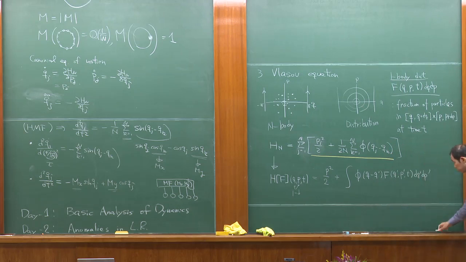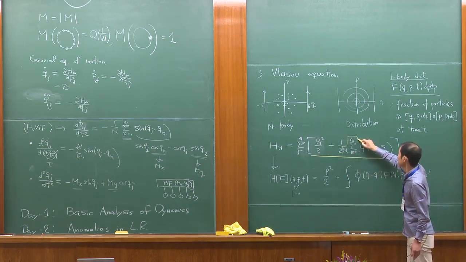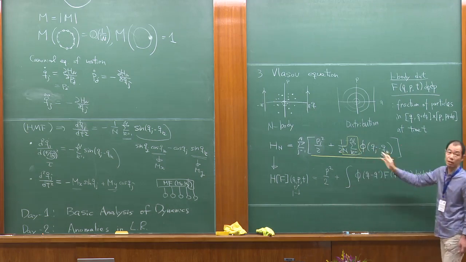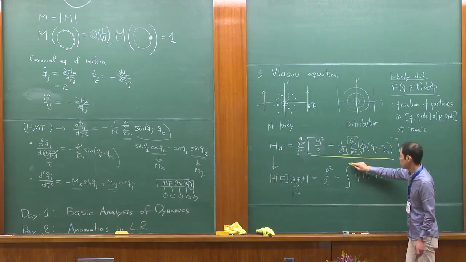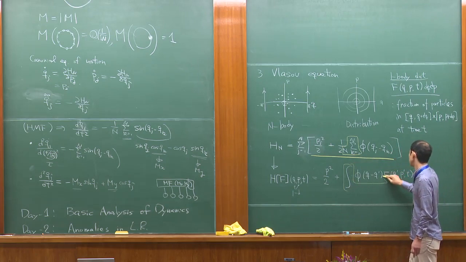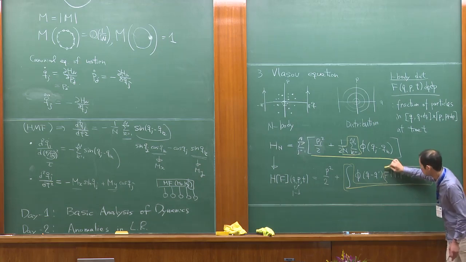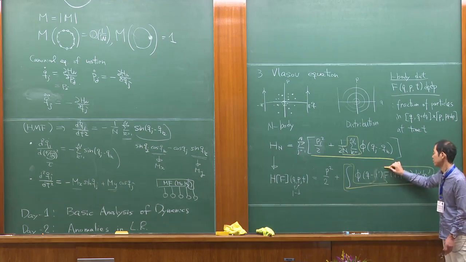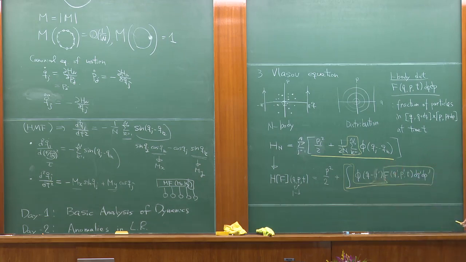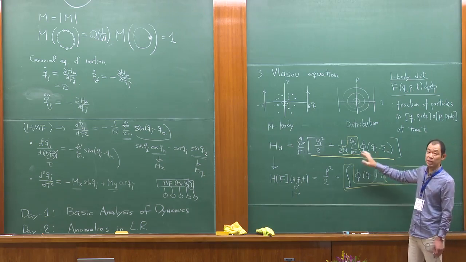So what is this? Now we have an n particle average in this part. So I replace this n particle average with the distribution average. Is it clear? So this one is a Hamiltonian which governs the temporal evolution of the jth particle.